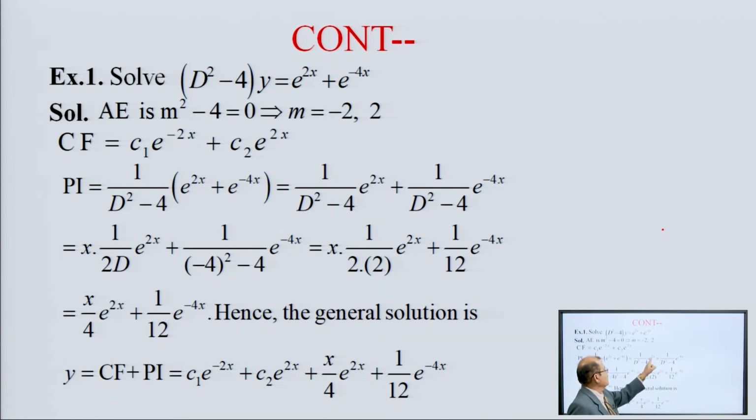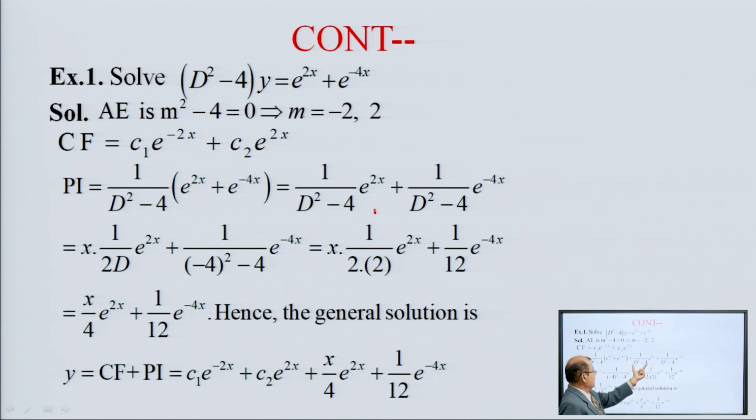Here D is replaced by 2, which means the denominator vanishes in the first particular integral, and in the second integral the denominator does not become 0 when we replace D by minus 4.